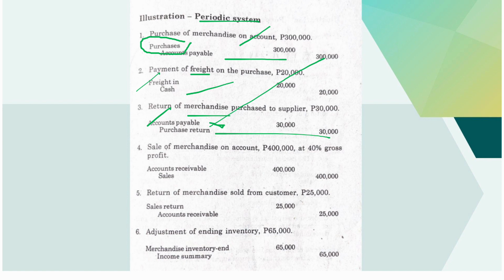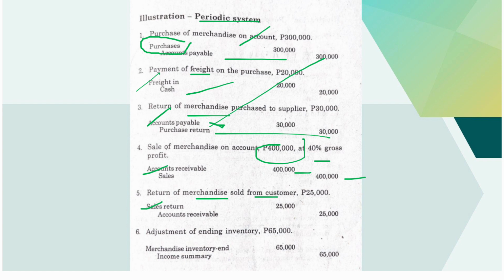And then sales of merchandise on account, where 40% of it is gross profit. So we recognize accounts receivable amounting to 400,000 and the sales amounting to 400,000. And then return of merchandise sold from the customer: sales return, debit, kasi bumalik yung binenta mo, probably errors or mistakes.